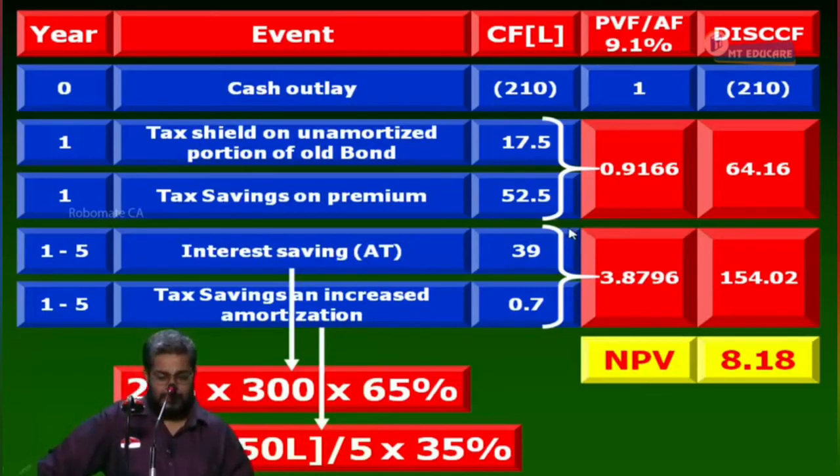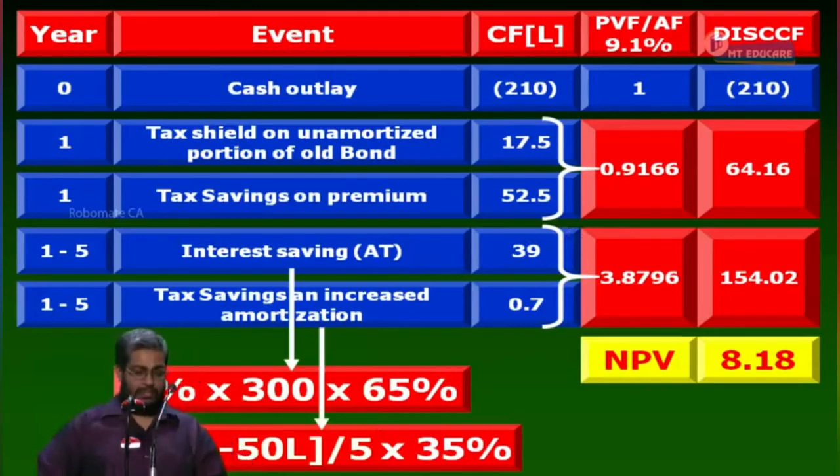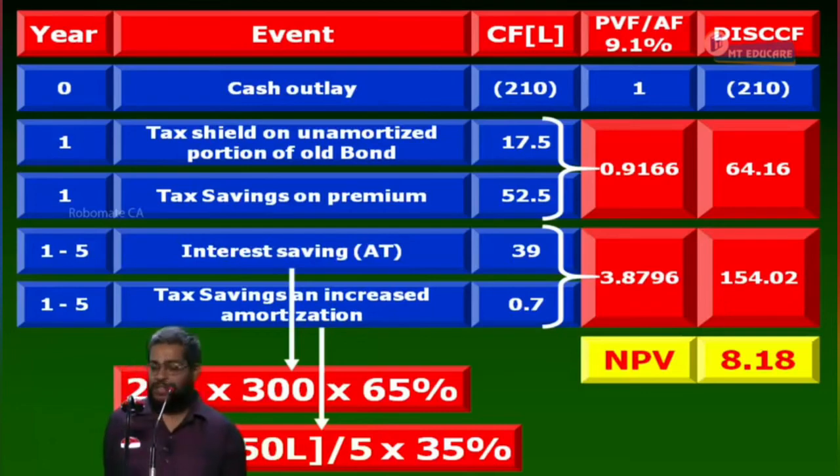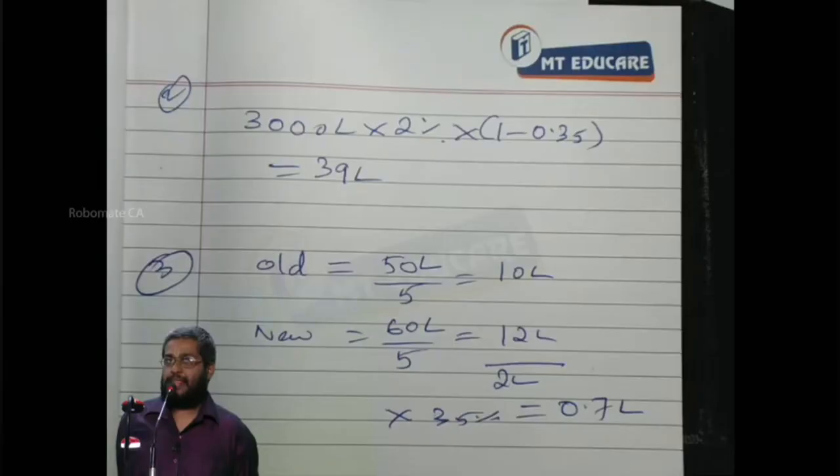Amortization with old bond is equal to 50 lakhs by 5, which is how many lakhs? 10 lakhs.